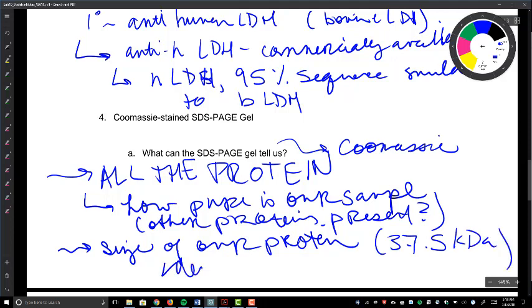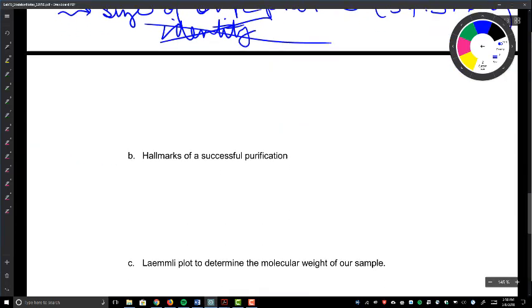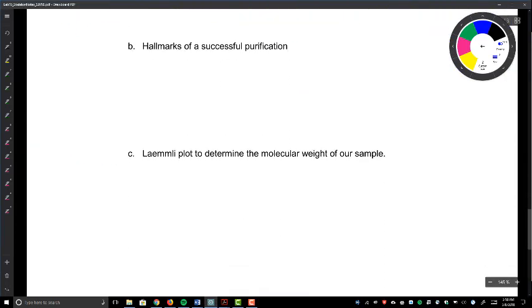But one thing an SDS-PAGE gel can't do, which is why we do the Western blot, is tell us the identity of our protein. That's why we need to use SDS-PAGE and Western blotting together. You can also use mass spectrometry to confirm the sequence, but a quick and easy way for a biochemist is to do a Western blot and an SDS-PAGE gel.